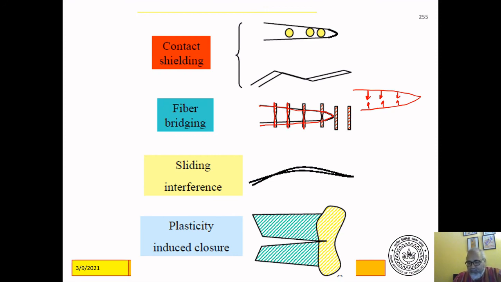So we will stop for this week here, and in the next week we will try to generalize the scope of this energy release rate in such a way that it remains applicable to not only linear elastic materials but also a wider class of materials. Okay, so let's stop here for this week.